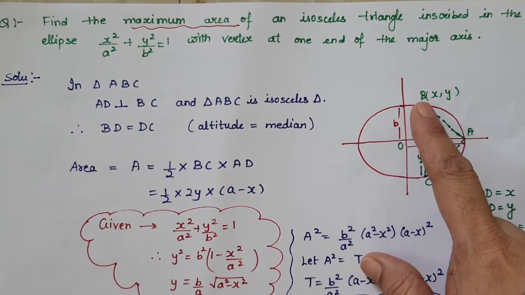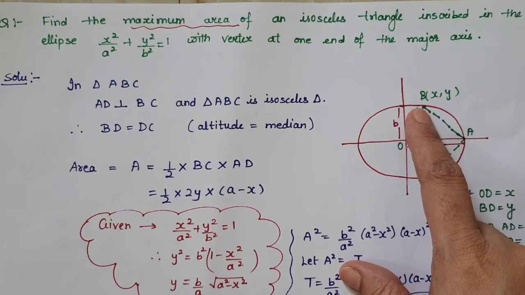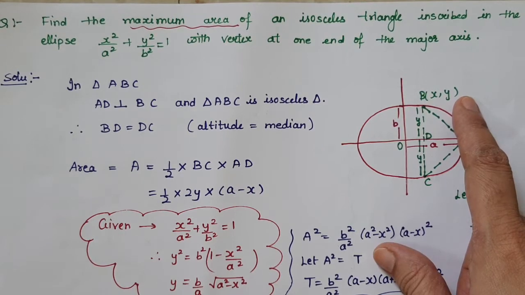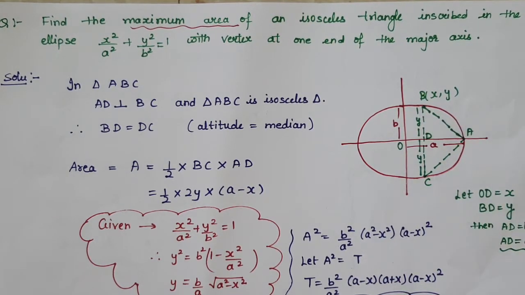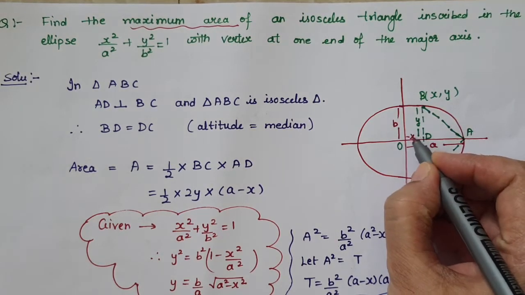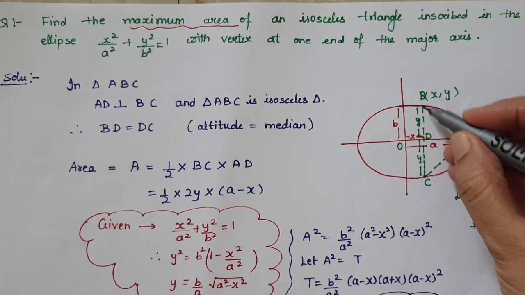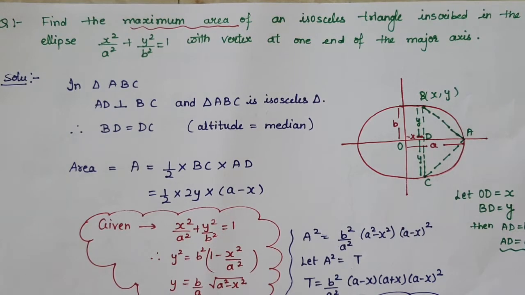I have assumed any point B where my second vertex of the triangle is lying as x comma y. If this is x comma y, it is clearly understood that my OD will be equal to x and DB, this height, is equal to y.